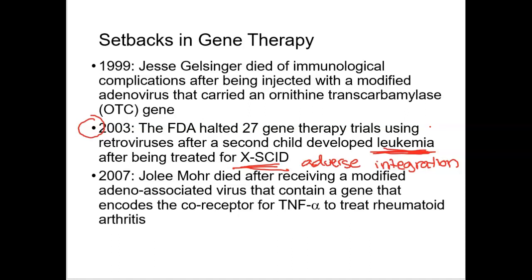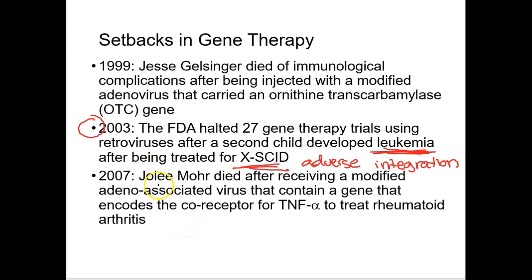And then in 2007, there was another incidence. Julie Moore died, and this was after an adeno-associated virus. This is the type of virus that I worked on, and this was to treat rheumatoid arthritis. Now, when this occurred, this again was very sad, and it stopped the trial, and everybody was very concerned there might be some other sort of potential problem.